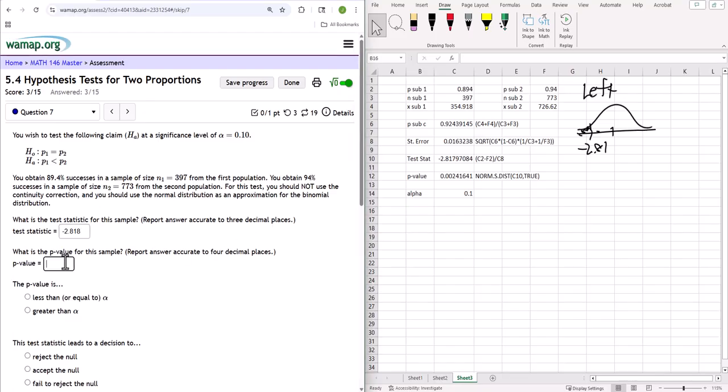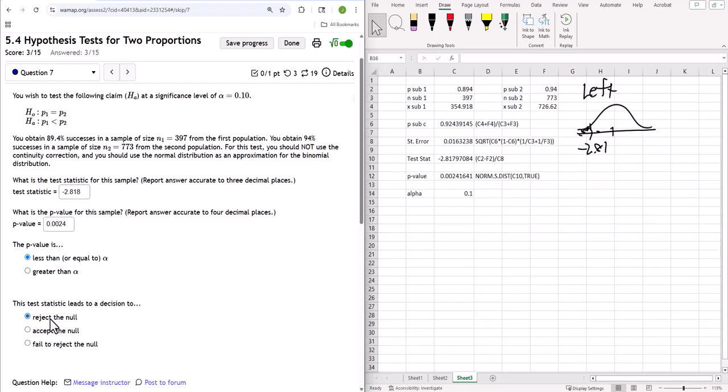Our p-value is 0.0024. Our p-value happens to be less than our alpha. And if our p-value is less than alpha, we're going to reject the null hypothesis. If we reject the null hypothesis, then there is enough evidence to conclude that the alternate hypothesis is true.